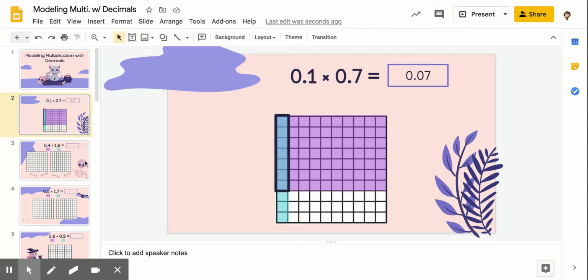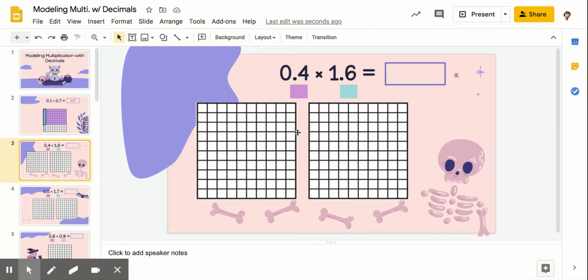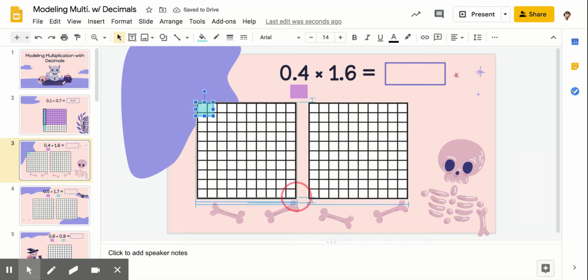Let's look at the next one. Now I've got 4/10 times 1 6/10. When we've got a whole number and a decimal, this number is what needs to be going vertically, up and down. So I'm going to take this blue square and I'm going to fill up 1 6/10. 1 6/10 would be one entire hundreds grid, so this whole thing would be filled up.